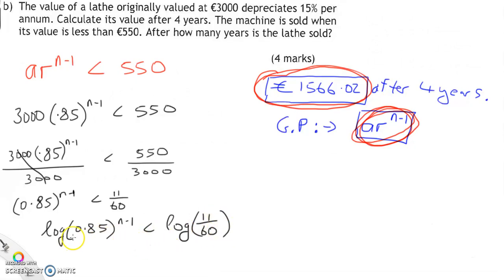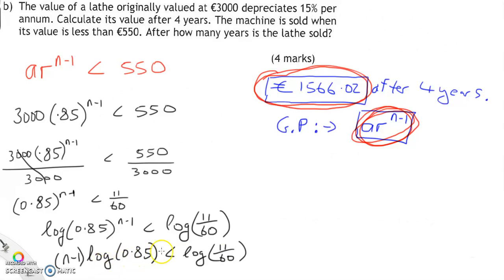First of all, the log on the left, we can rewrite as n minus 1 in brackets times the log of 0.85 due to the law of logs. This here equals that. It's just rewritten. We can float the power down in front like that. That's less than the log of 11 over 60.